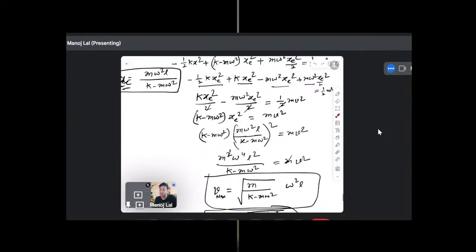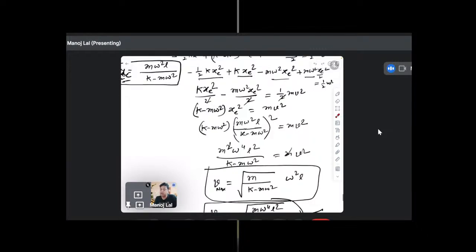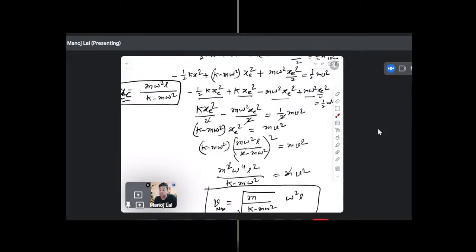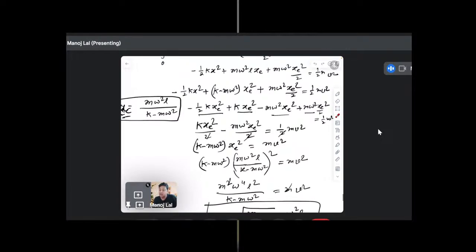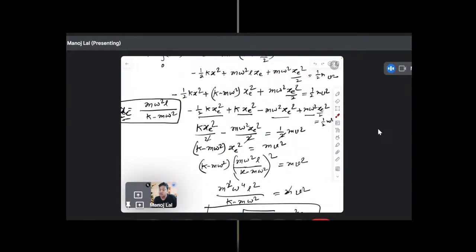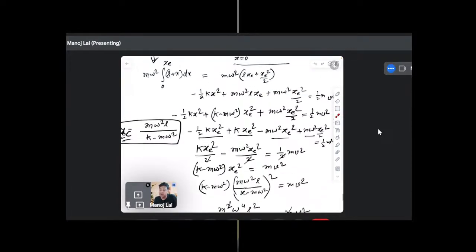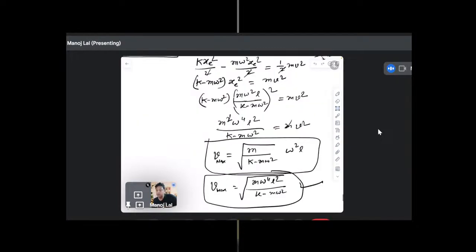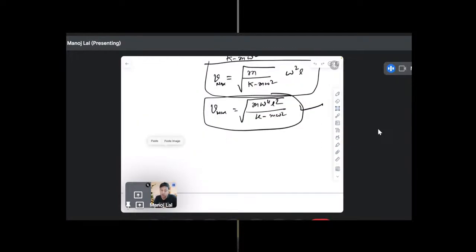So what will happen then? Then k minus, we cannot put this value of xe, it will be x. So let me rewrite this value. Only thing, in place of xe, I will write x. I hope you understand the things. This is what the work energy theorem is.